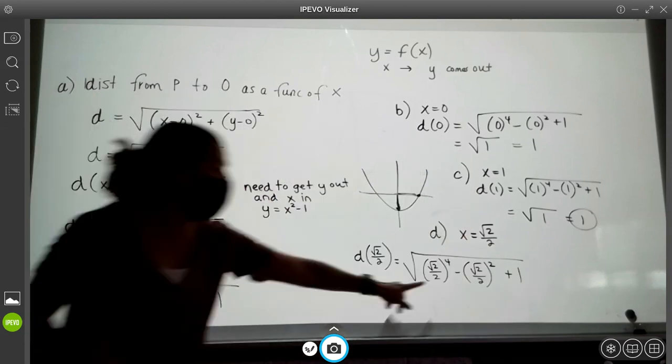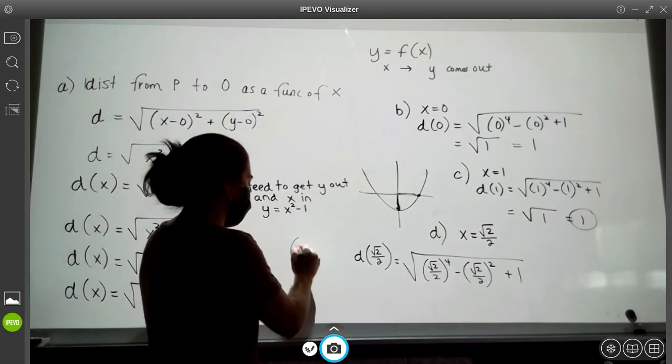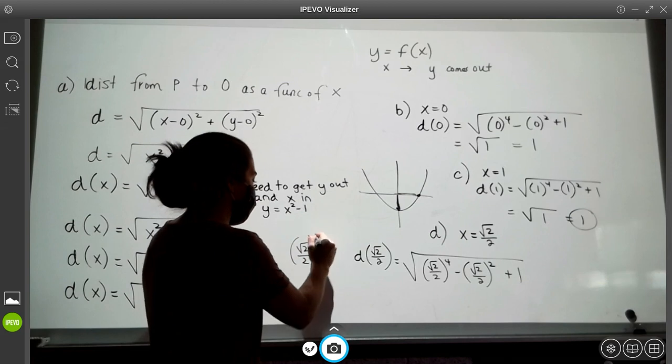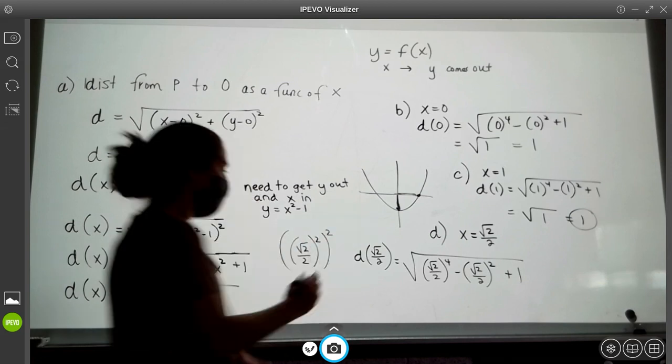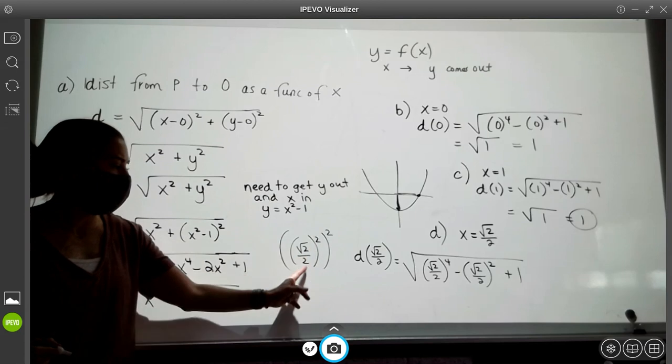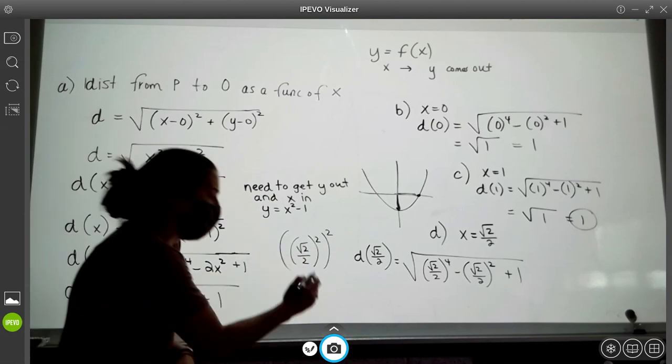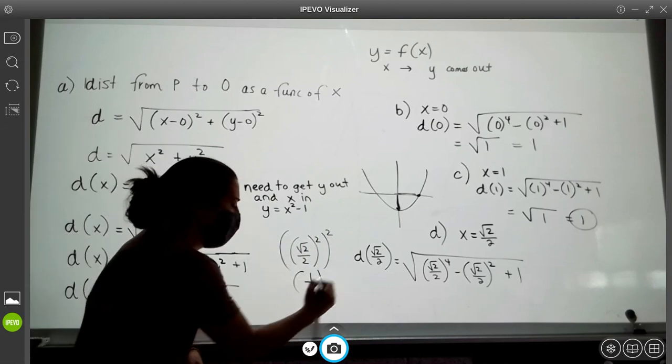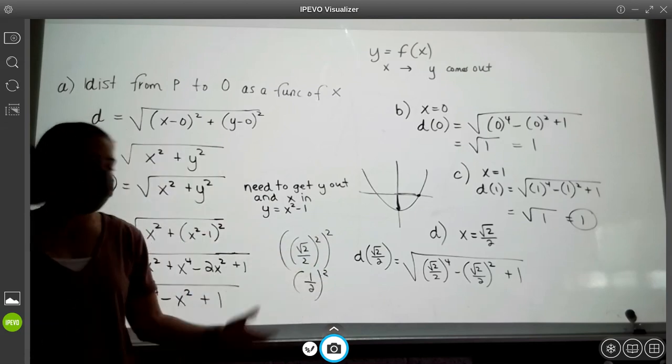Obviously if you have a calculator, you can plug that in, but for me without it, x squared to the power of 4, so root 2 over 2 squared would be 2 over 4, which is 1/2. 1/2 squared now is 1/4.